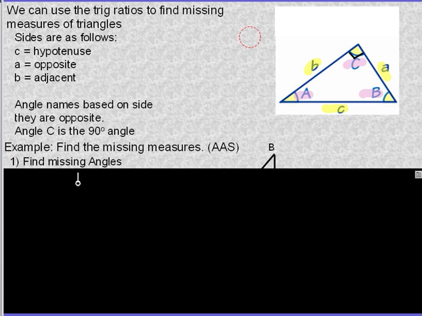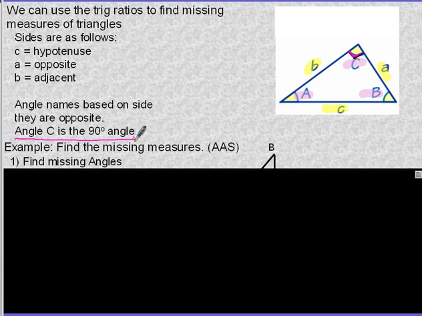I grabbed this picture from the internet and I added in the right angle here. So for these problems, C will always be our 90-degree angle. And the other thing is, notice how the associated side with the same letter is across from the angle.